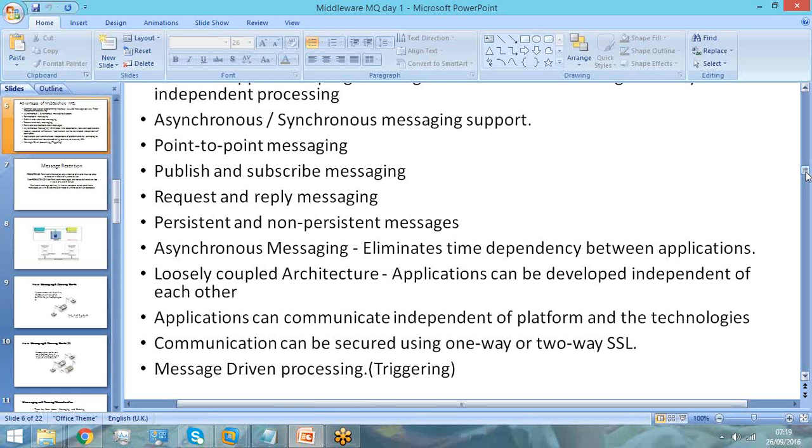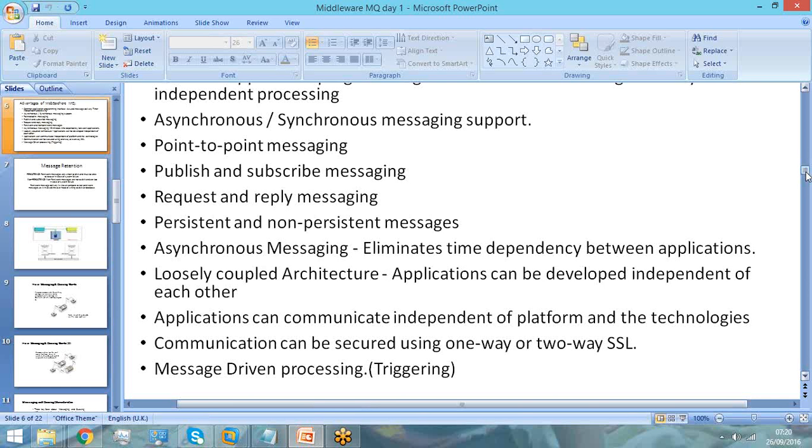So these are the different advantages: assured delivery, loosely coupled architecture, platform independence, message security, asynchronous and synchronous ways of communication, and it gives you both point to point and publish subscribe messaging models. These are different messaging models.